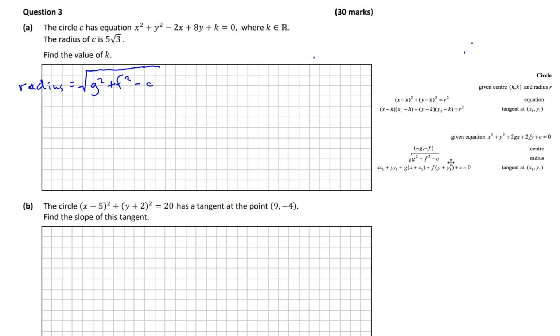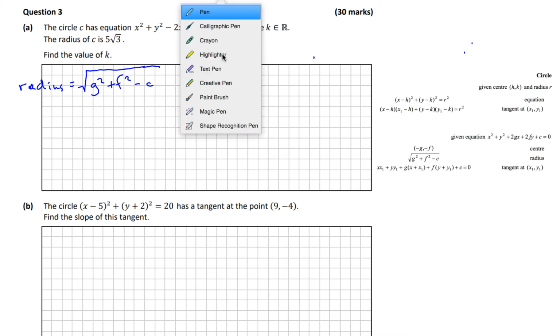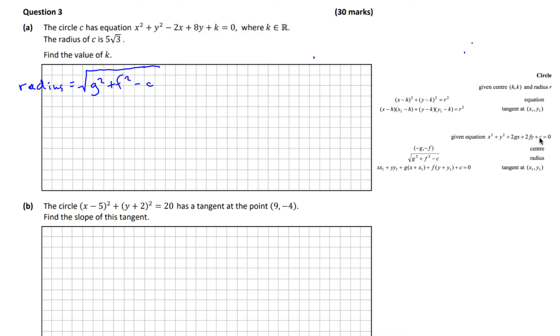Now c will be the constant term, so if I just color code this, c there is going to be this k. And to get our g and f, we're going to compare 2gx with minus 2x, and we're going to compare 2fy with plus 8y.